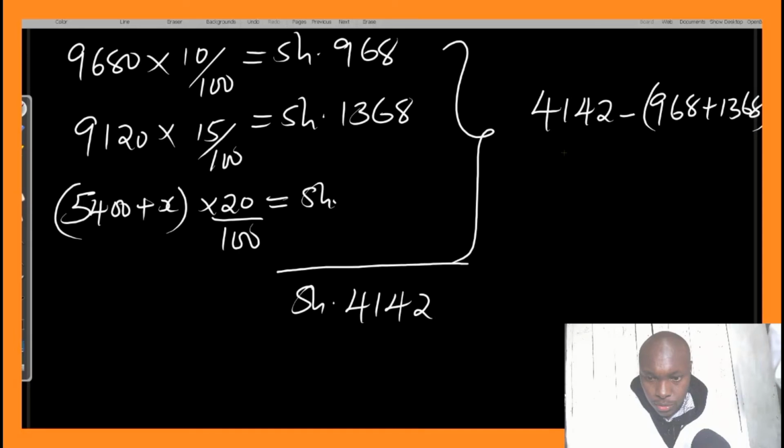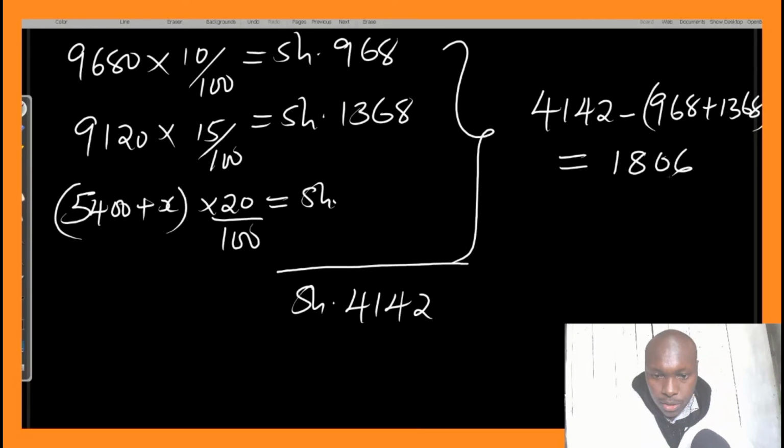So when you work out that 4142 and subtract that, you shall get 1806. So this 1806 is the tax that you get after taxing the additional in this slab here. So now you can confirm that when you add the total tax, 968 plus 1368 plus 1806, you'll get a gross tax of 4142.